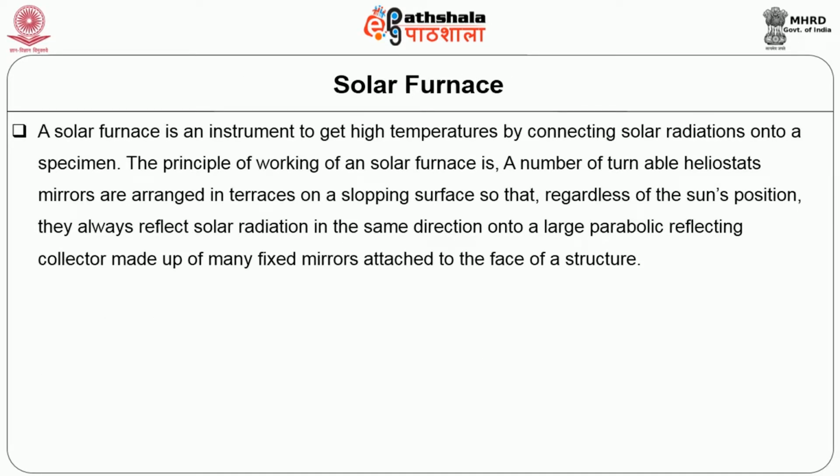Solar furnace. A solar furnace is an instrument to get high temperatures by concentrating solar radiation onto a specimen. The principle of working of a solar furnace is: a number of turnable heliostat mirrors are arranged in terraces on a sloping surface so that, regardless of the sun position, they always reflect solar radiation in the same direction onto the large parabolic reflecting collector.